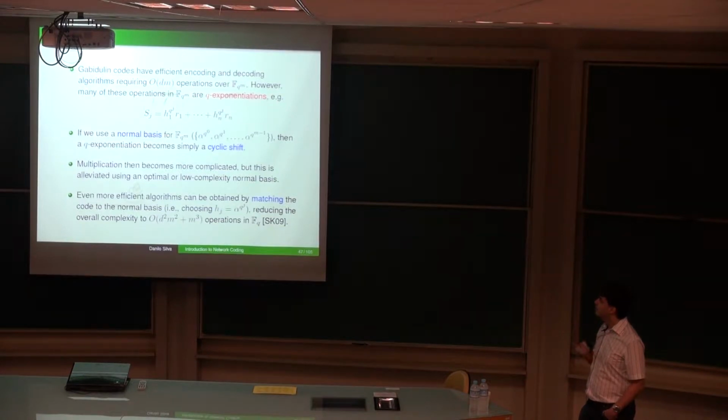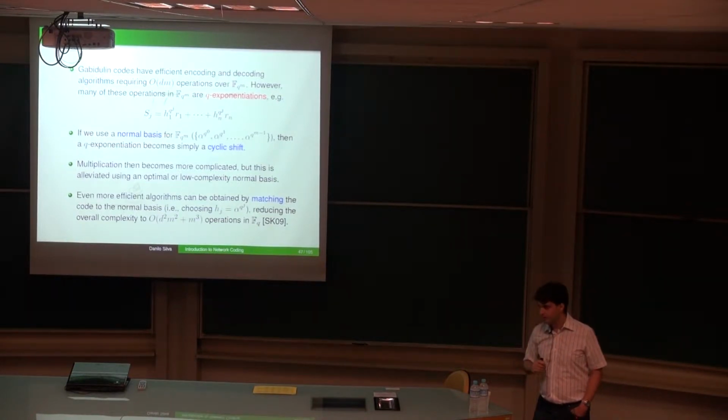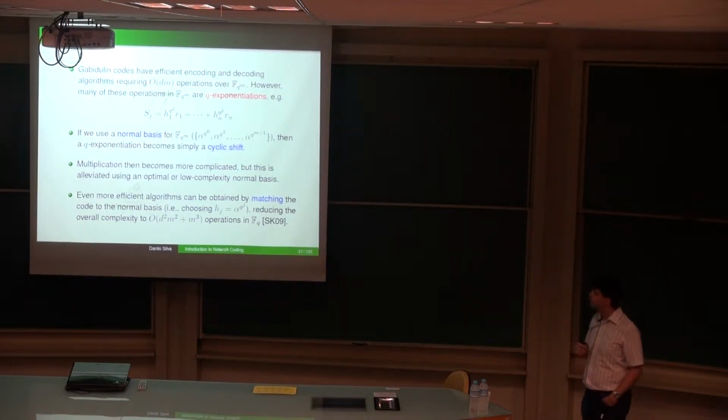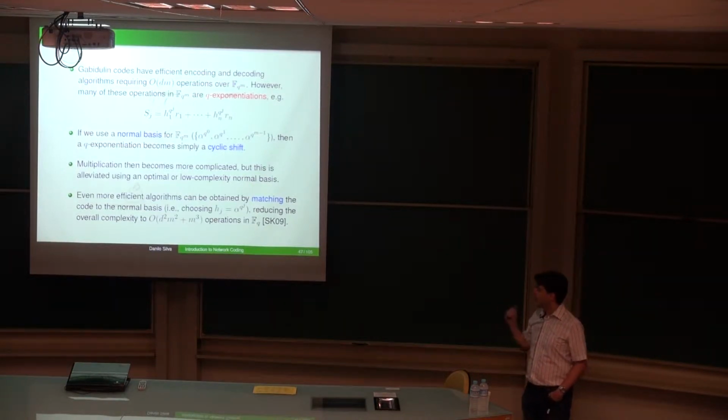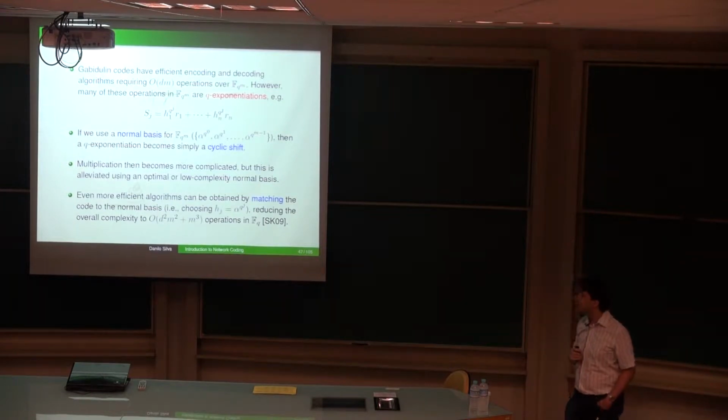This may not be very simple to implement in practice, but if we use a normal basis for the extension field to implement operations, then q exponentiation simply becomes a cyclic shift, and this exponentiation becomes easy to compute.